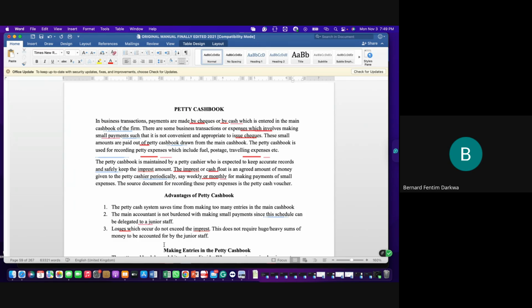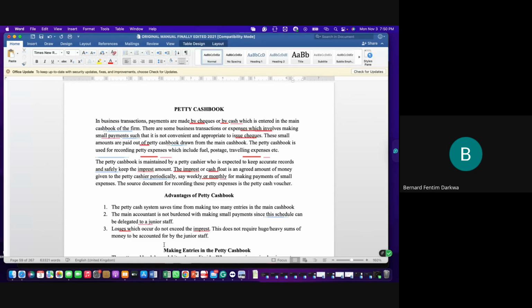So if at the beginning of the month we gave you 1,000, and at the end of the month you have spent 800 and have 200 left, you are going to be reimbursed 800. The imprest is the constant amount given to the petty cashier to keep. If the company says the imprest is 1,000, then at the beginning of every month the petty cashier should have 1,000, not less, not more.